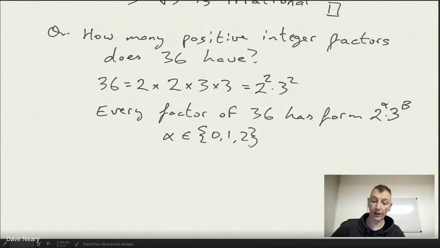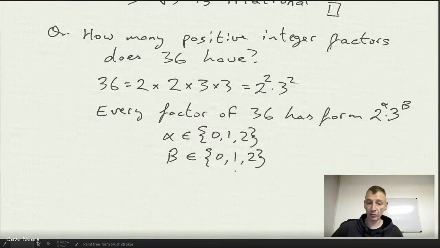Because if it is divisible by 2 to the 3, then it won't divide into 36 because 8 does not divide into 36. And similarly for beta, that must be one of 0, 1, or 2.